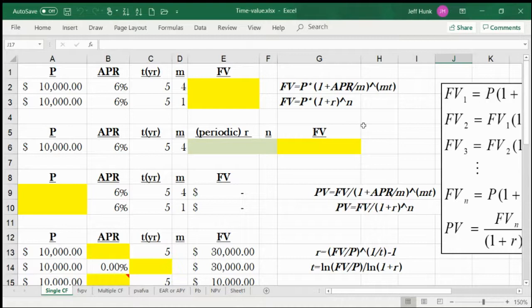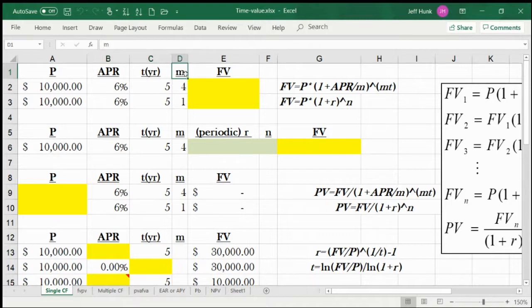Now this is the setup of the example we used in the last class, in the last video. First of all, let's take a look at the labels. P, of course, stands for principal. APR, of course, annual interest rate.